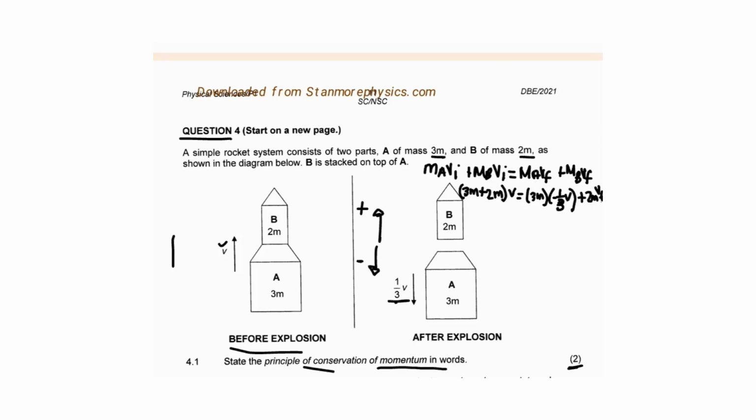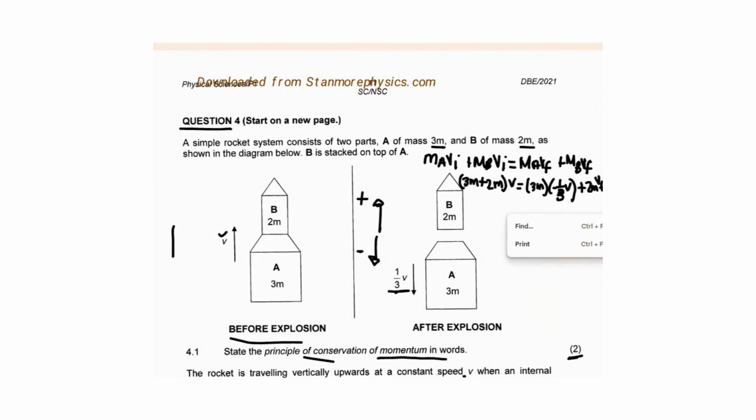So we are looking for VF. So 2m plus 3m is 5m times the velocity equals 3m times negative 1/3 V, so the 3 and the 3 cancel out. I'm going to have negative mV plus 2m V final, which is what we are looking for, the V final of B.